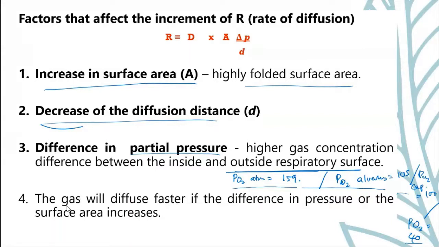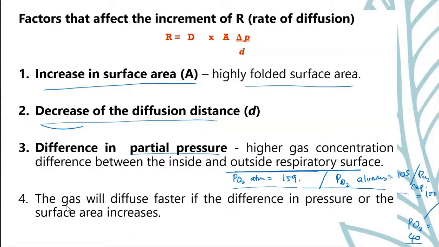Obviously your body cells produce carbon dioxide, so carbon dioxide is higher in your body tissue compared to the blood capillaries, compared to the alveolus, compared to the atmosphere. So itu kalau carbon dioxide: body tissues, blood capillaries, lungs, and then the atmosphere. Okay, vice versa dengan oxygen lah.